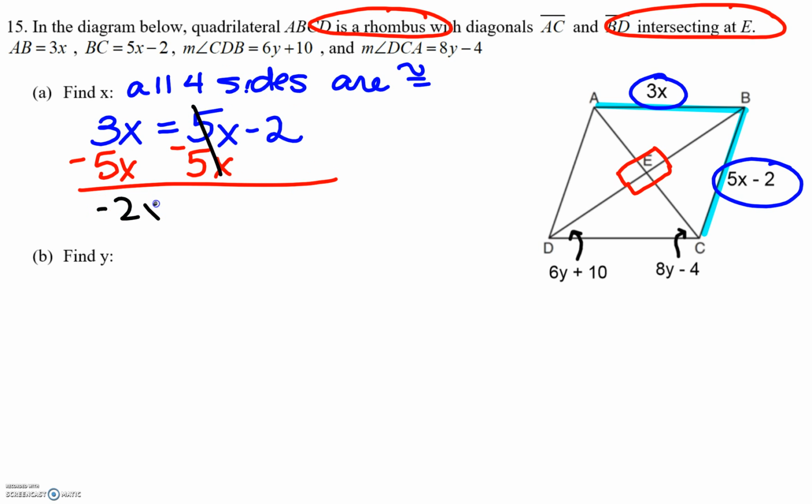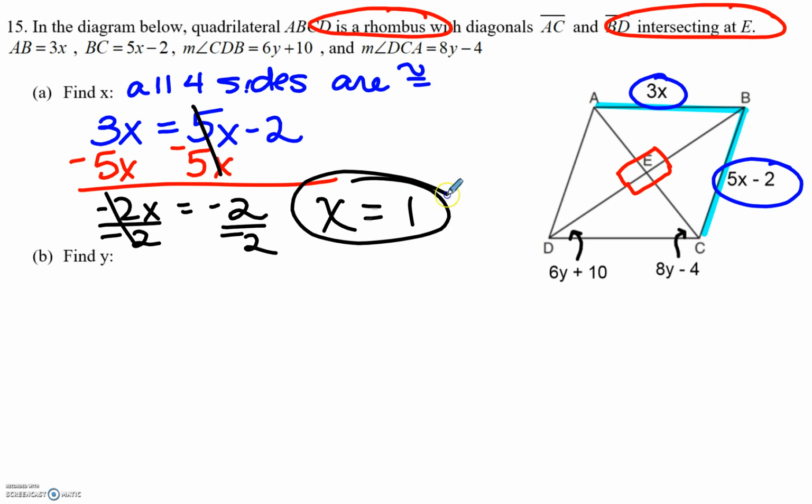We have negative 2x is equal to negative 2, and we're just going to have to divide, and x is equal to positive 1. The problem doesn't say what is the length of AB, what is the length of BC, it just says solve for x. So we did that, and we're moving on to part B then.